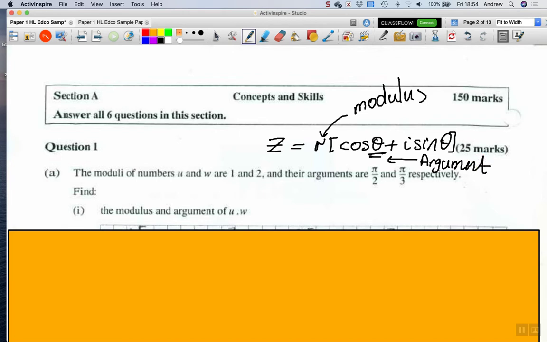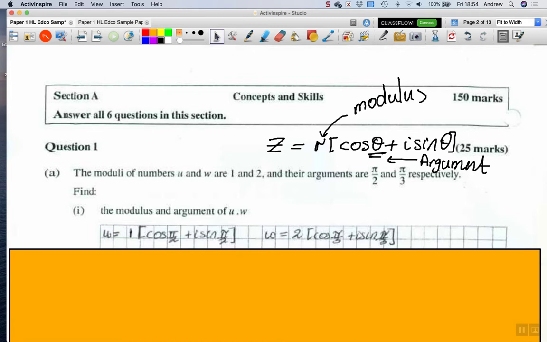And because of that, when we come to fill this in down here, what is w? Well, w, we were told, has a modulus of 1 and an argument of pi over 2. So when we substitute into the formula here, we get the answer down there.